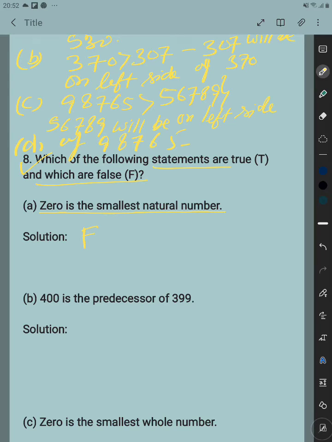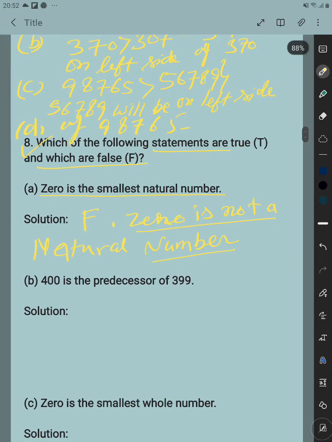You need to write why: because 0 is not a natural number, it is a whole number. 0 is not a natural number, that's why it is false.